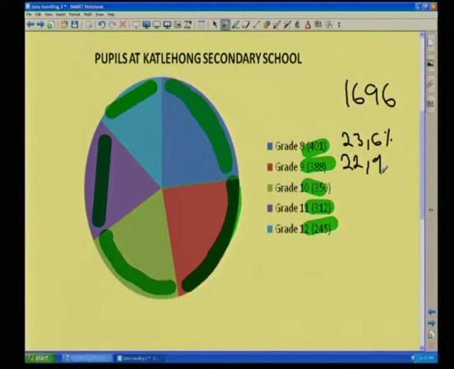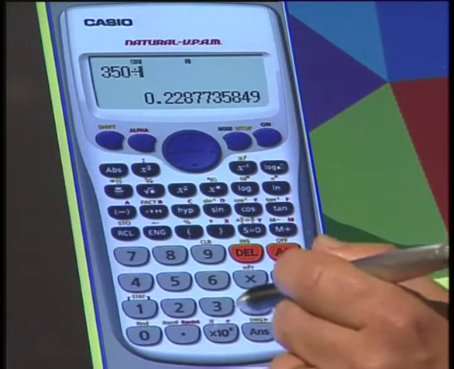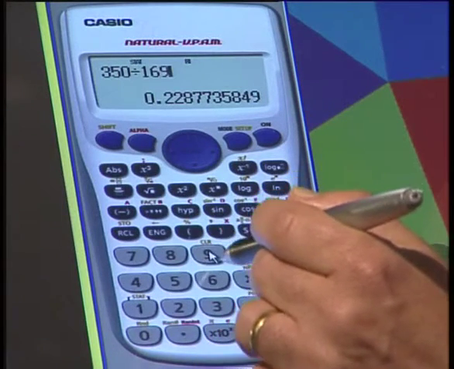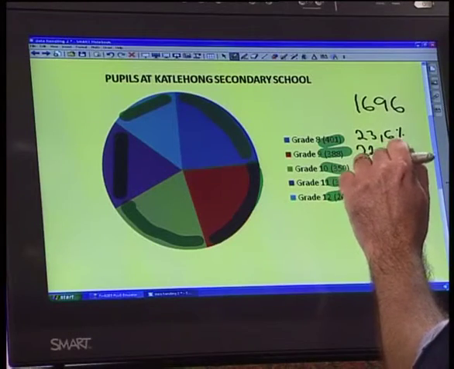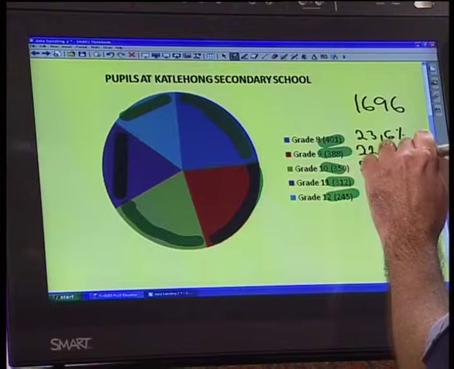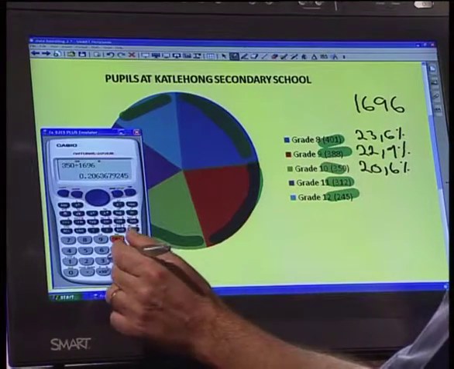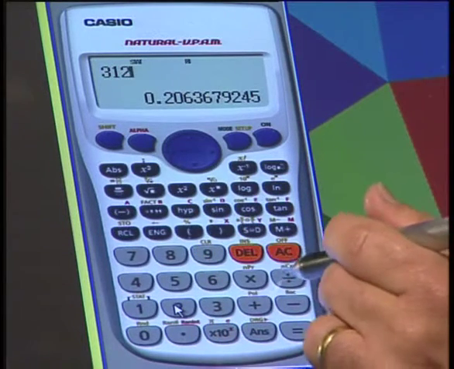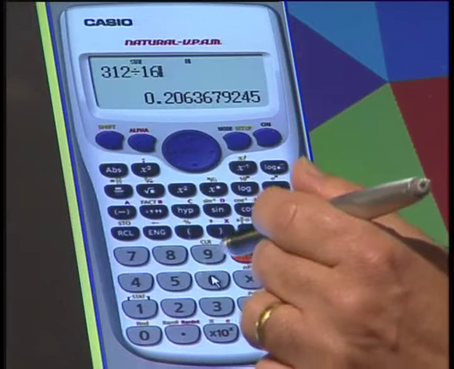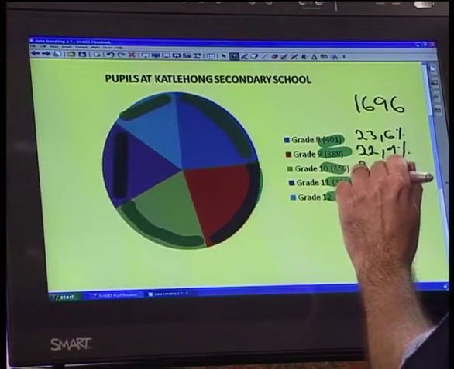For the grade 10s, it's 350 divided by 1696, and that's 20.6%. Grade 11, 312 divided by 1696, 18.4%.